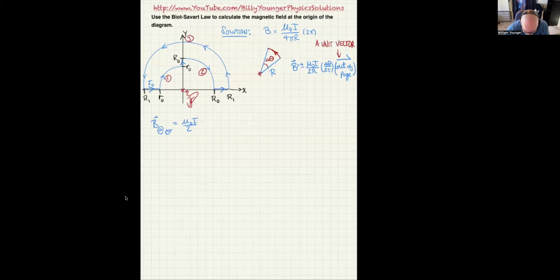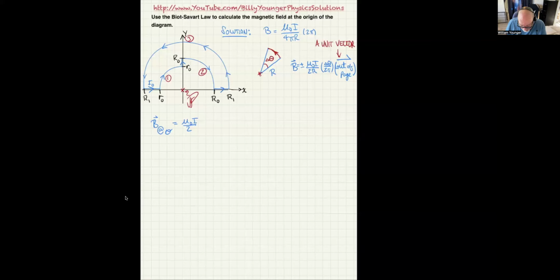And now if I use my right-hand rule on the arc section 1, you'll see that grabbing that wire with my thumb going up and to the right, my fingers of my right hand are going into the page at P. Therefore, they would be in the negative k hat direction, as well as for arc section 2, if I grab that section of wire with my right thumb pointing down and to the right, my fingers go through the middle at P into the page.